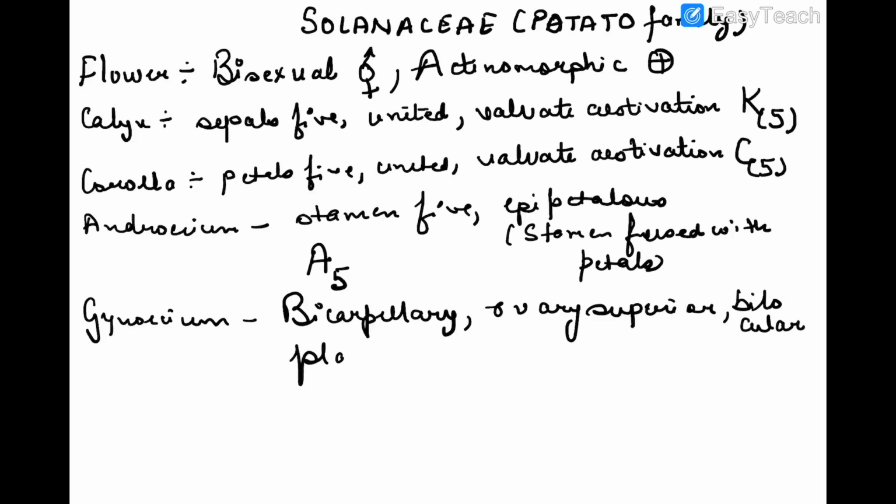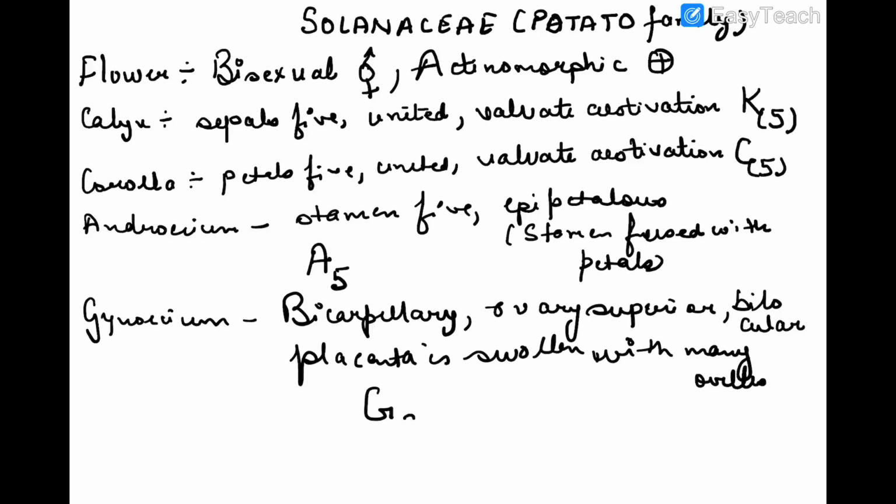Placenta is swollen with many ovules. This we will draw with a diagram, and the formula G is for gynoecium, it is bicarpellary, 2 carpels, that is 2, and ovary superior, so bottom, and it is also syncarpous. Syncarpous, so we will put these 2 carpels. Syncarpous means carpels are united, so this we will put in the bracket.